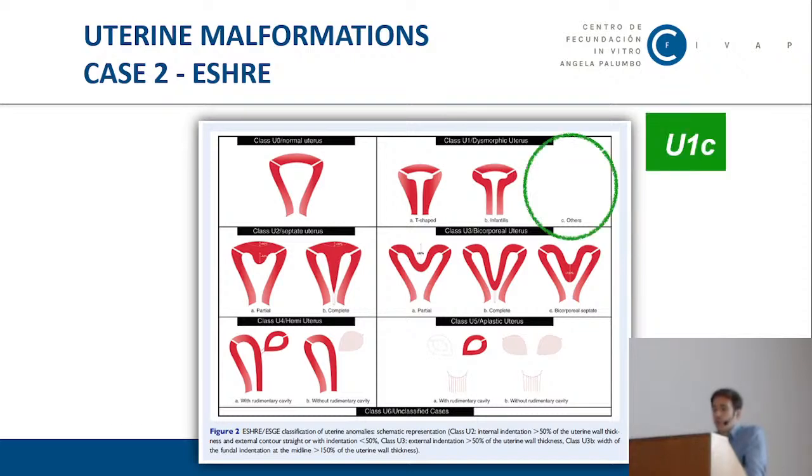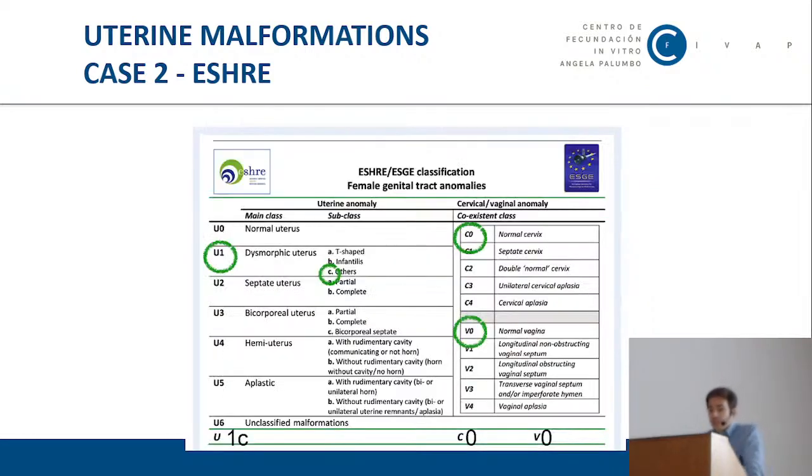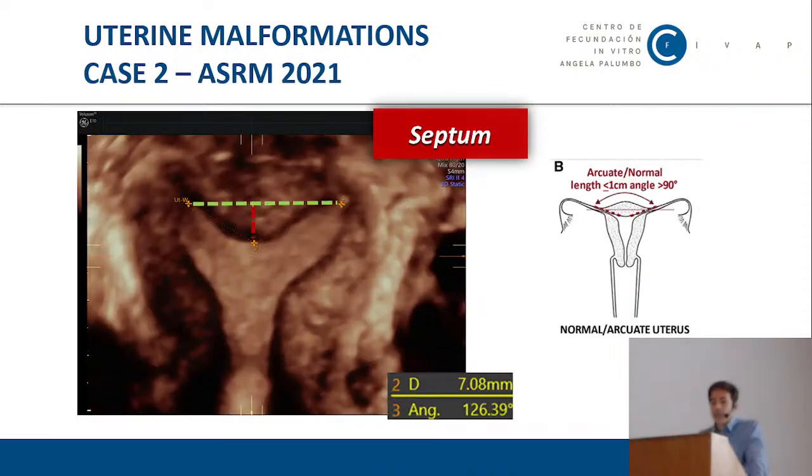So it will be a U1C. And the cervix will be normal, for example, and a normal vagina, so it will be a U1C, C0, V0.